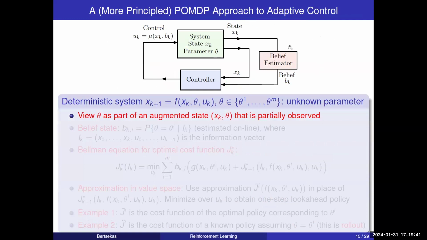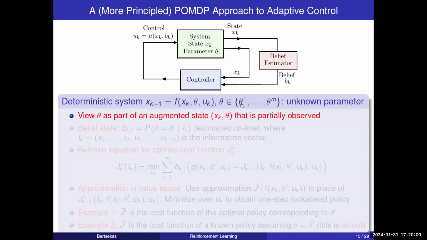Okay, so let's try to interpret this figure here. We have a system that involves an unknown parameter, theta. Here we explicitly consider the unknown parameter, and we assume that it takes values in some set.